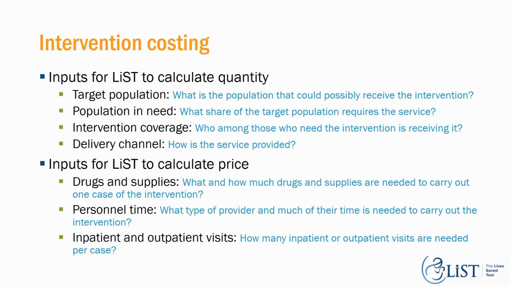So now we've seen all of the different inputs that LiST will need in order to first calculate the quantity, so the number of services that are necessary. And then we also have gone over what inputs LiST needs in order to calculate the price of one instance of that service delivery.